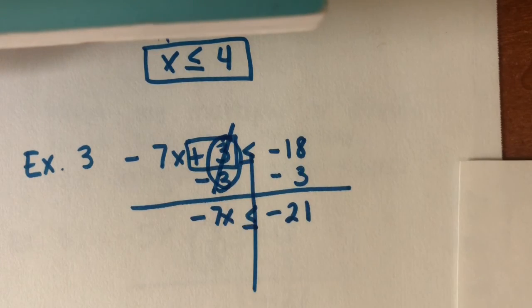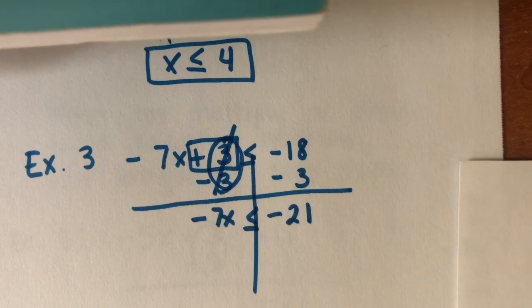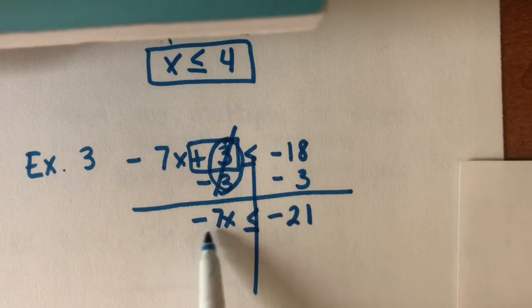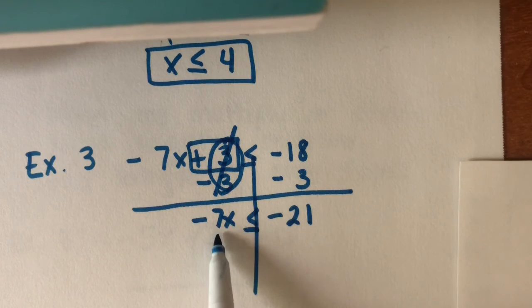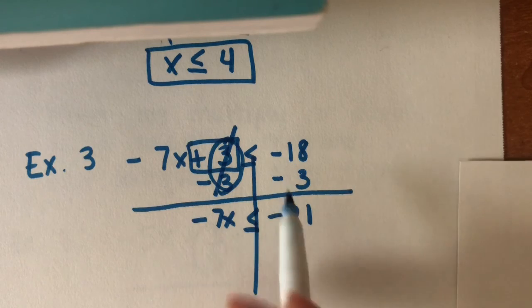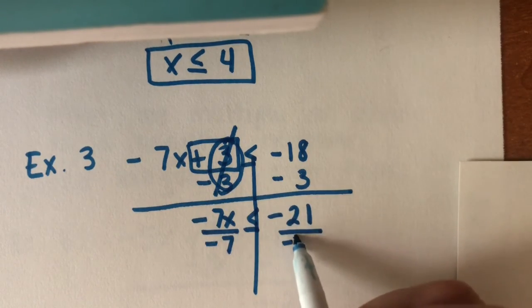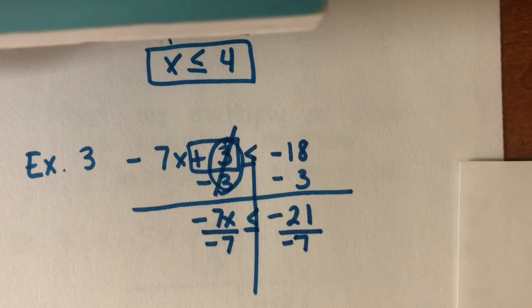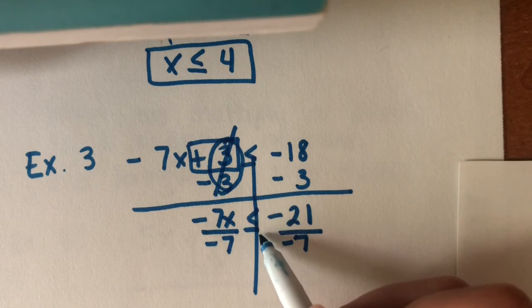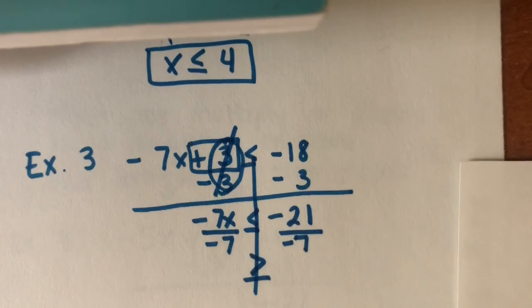So far I haven't multiplied or divided by a negative number. But that is my next step because I look for my coefficient. My coefficient here is negative 7. Negative 7 is being multiplied by x, so I need to do the opposite, which is divide by negative 7. So if I divide both sides by negative 7, I have to apply my new rule, which means this less than or equal to symbol becomes a greater than or equal to symbol.